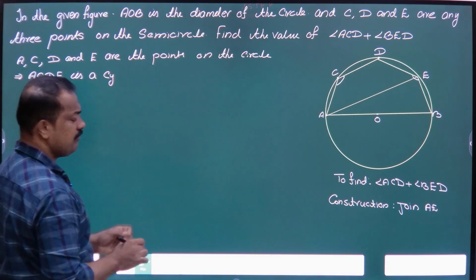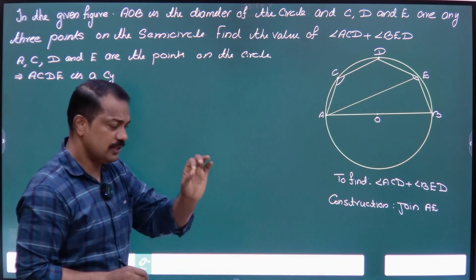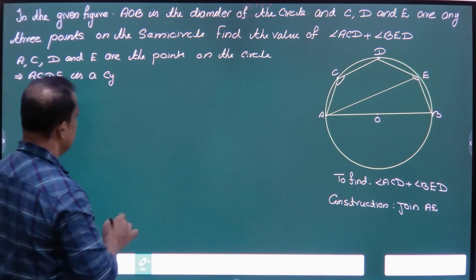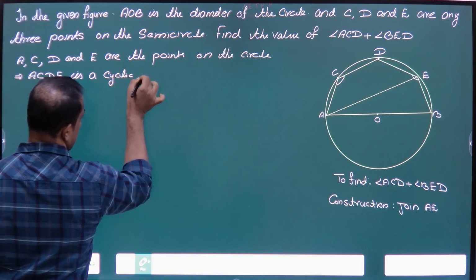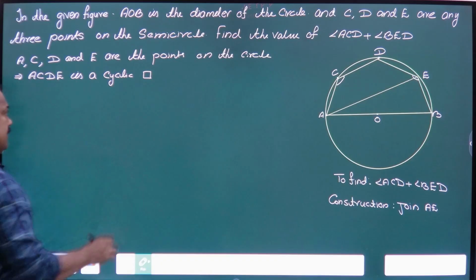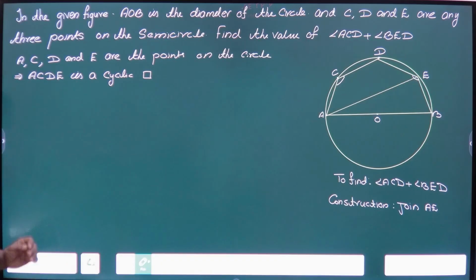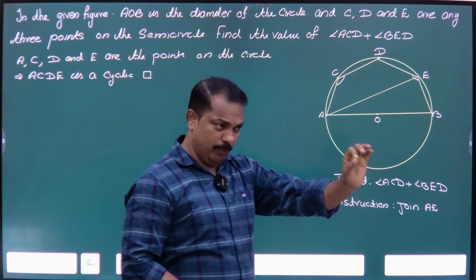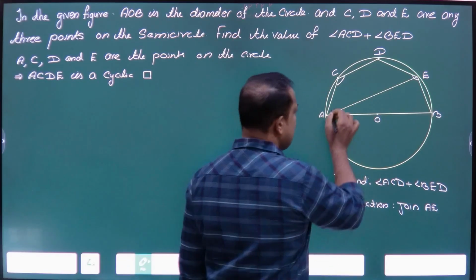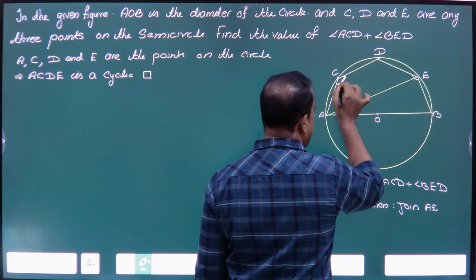Any quadrilateral whose vertices lie on a circle is called a cyclic quadrilateral. Is that clear? And in a cyclic quadrilateral, the sum of the opposite angles is 180 degrees. What is the angle opposite to the angle ACD?